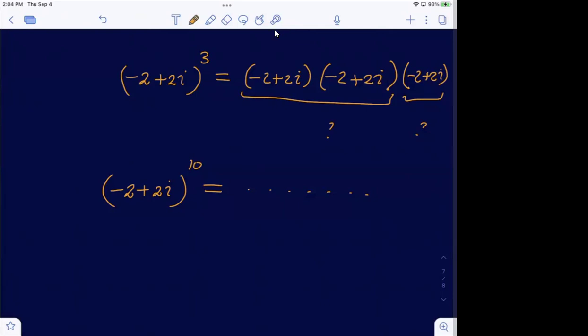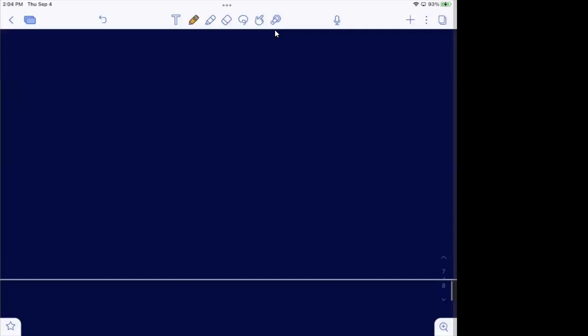Now, let's do one more simplification. Example number 4.